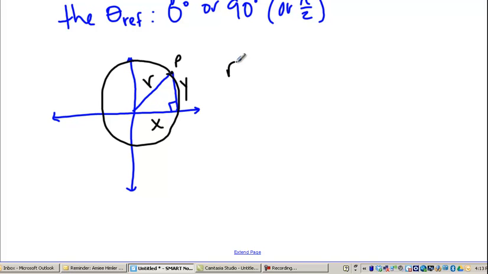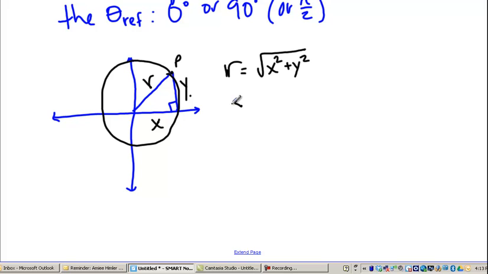R would equal the square root of x squared plus y squared. That's the Pythagorean theorem: a squared plus b squared equals c squared. We just square rooted it.